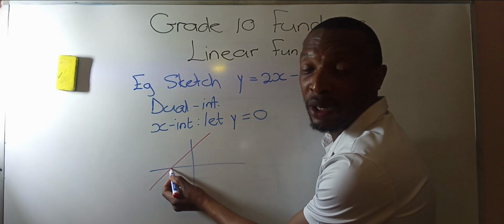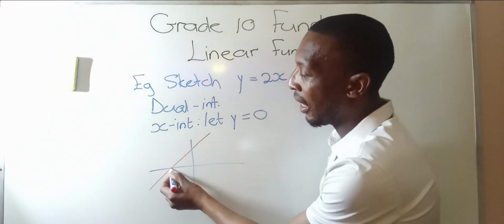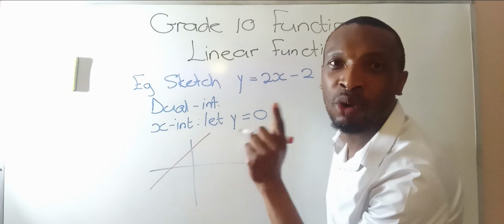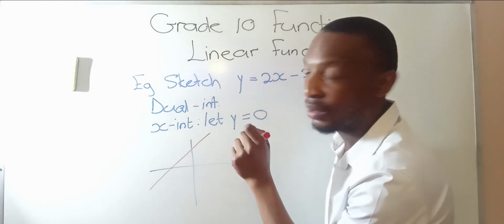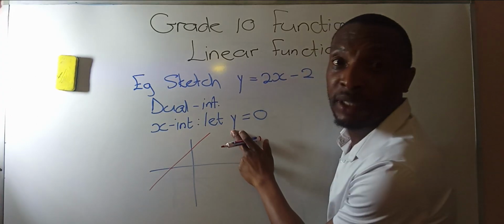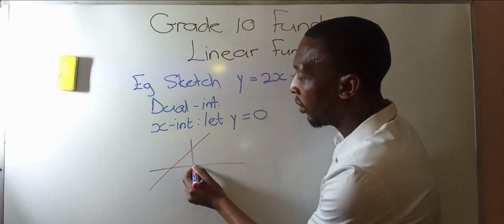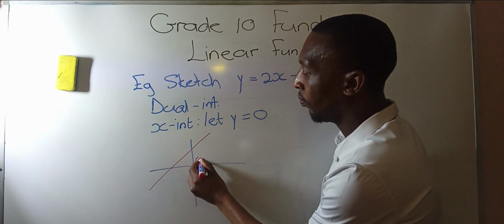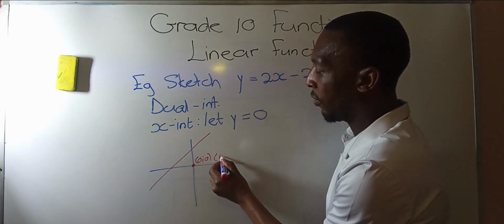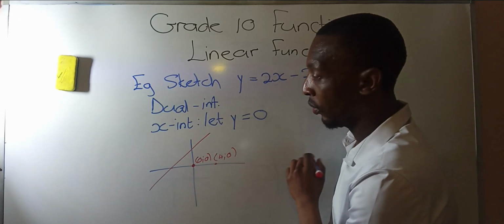Now, this is a point on the x-intercept. Now, all the points on the x-intercept have a y-coordinate of 0, okay? So any point that lies on this line has a y-coordinate of 0. For example, this here is 0, 0. And for example, let's say that is 4, 0, okay?